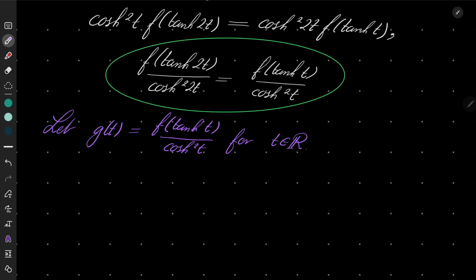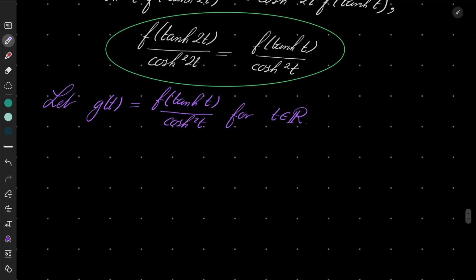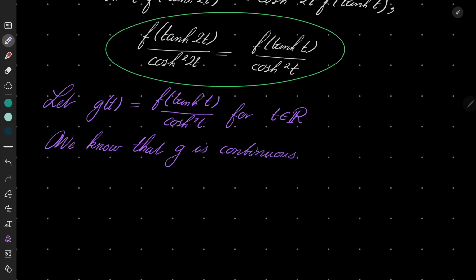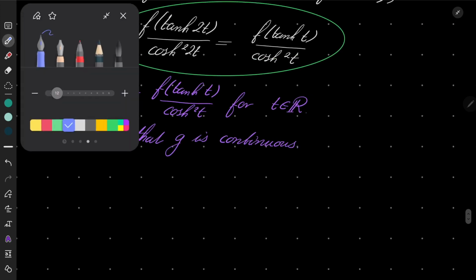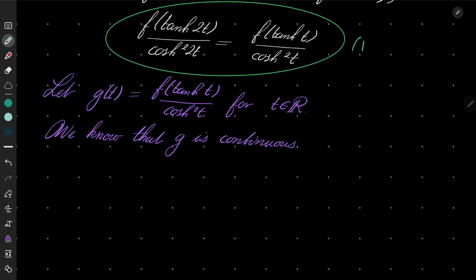Notice that since f is continuous and hyperbolic cosine and hyperbolic tangent are also continuous, we know that g is continuous as well. G is continuous. Okay, but now let's notice, I will mark this equation star.